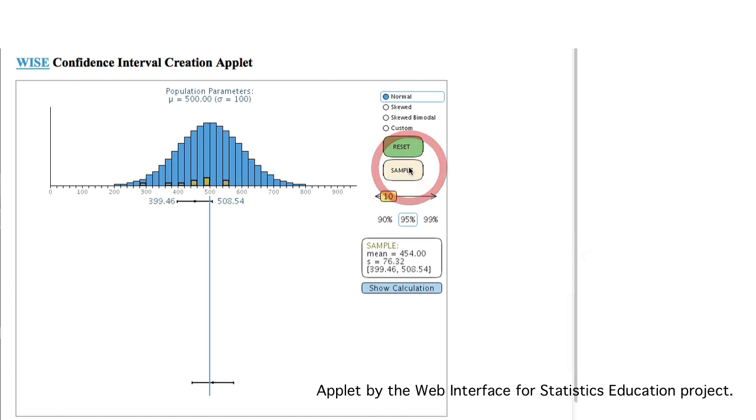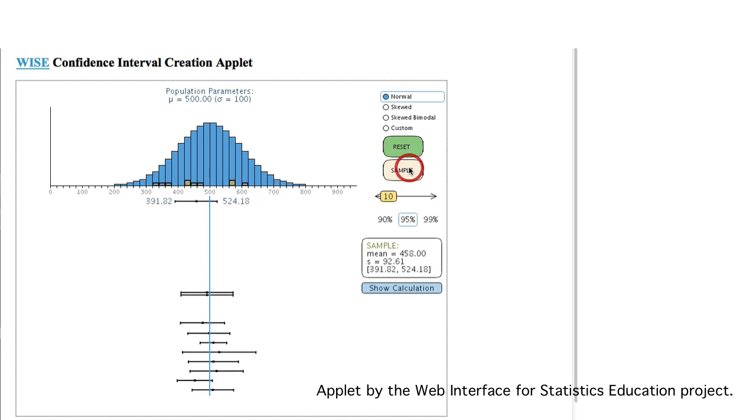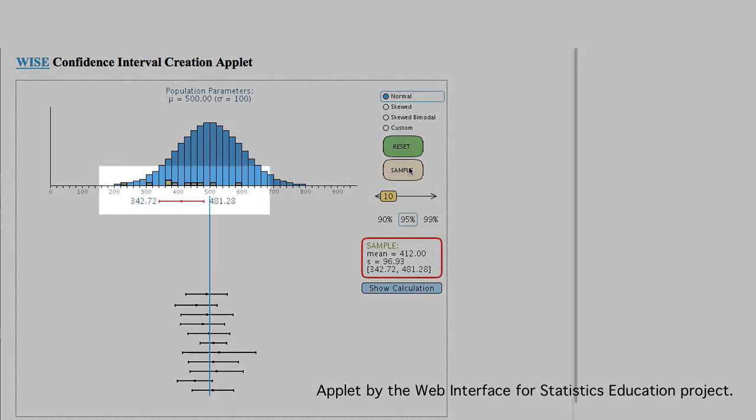Let's simulate some more samples of size 10 and see how the resulting confidence intervals behave. Here we have one that misses the theoretical mean. By chance, for this sample, we got a lot of smaller values, and our estimated mean is only 412, and our upper limit is 481.28. So our confidence interval doesn't include 500.